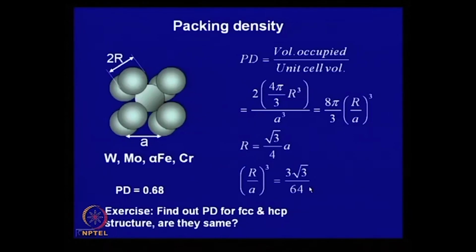It will be worthwhile to look at this atomic packing in a little more detail. Suppose we try to find out the packing density, because as you can see here, if we assume these atoms to be made up of hard balls, in the case of a BCC structure they touch each other along the diagonal of the cube. With this assumption that they are made up of hard balls, we can make a few calculations.